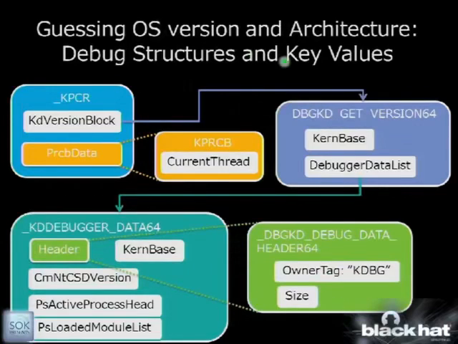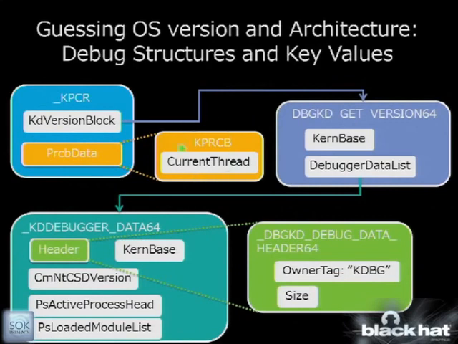This figure shows several debug structures and their relations. Kernel Processor Control Region, KPCR, includes KdVersionBlock that points to DBGKD_GET_VERSION64. And DebuggerDataList is a pointer to KDDEBUGGER_DATA64.